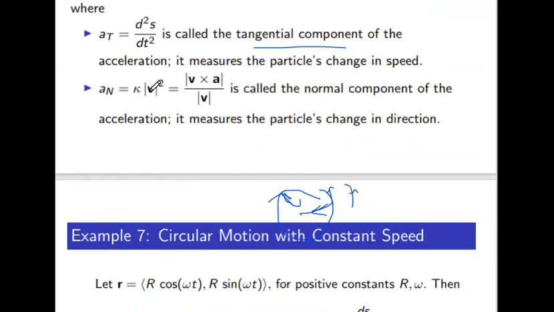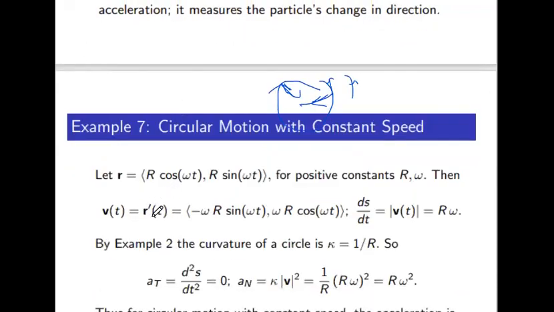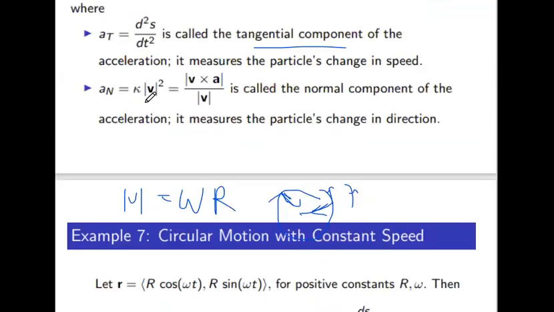If you have v and take the magnitude, what is the magnitude? The magnitude is omega r. The speed of the particle is omega r. Take the square.